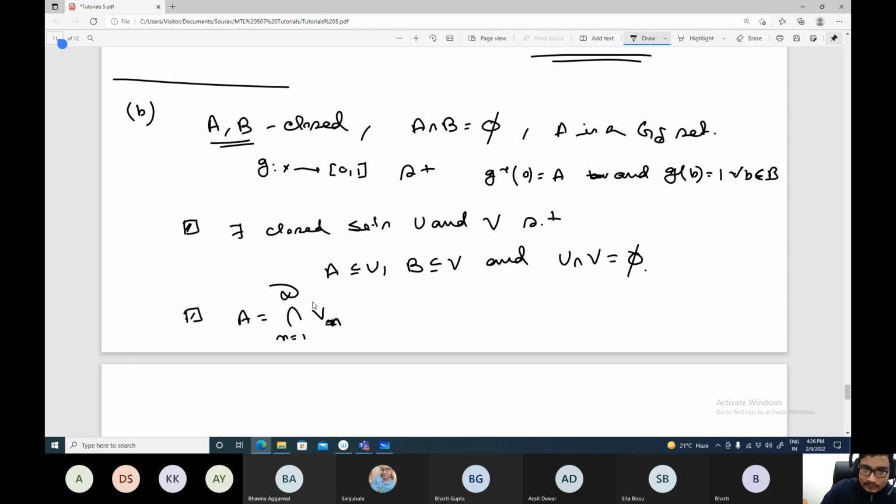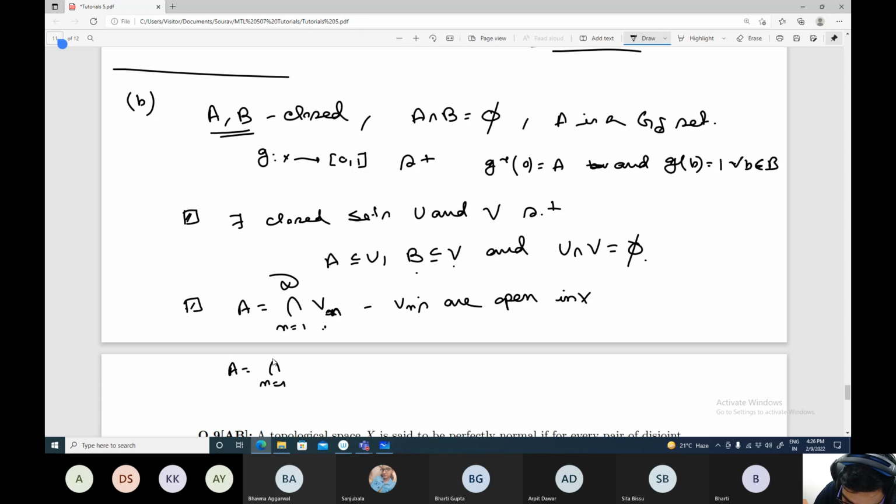These Vn's are open in X. But see, these Vn's are open, but these Vn's can have intersection with B. These Vn's can have intersection with this V. But if we take A as intersection n equal to 1 to infinity of Vn intersection U, then this will also work, right?